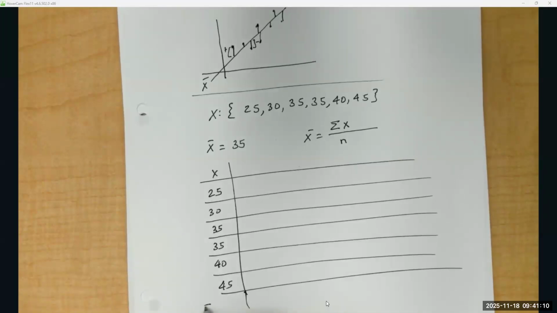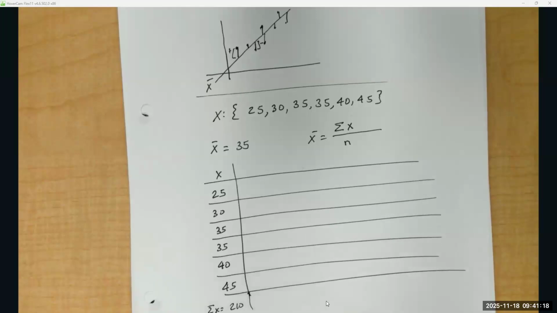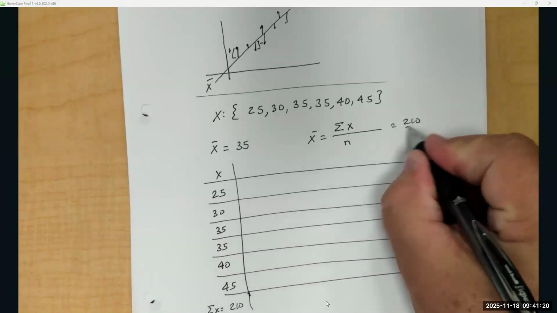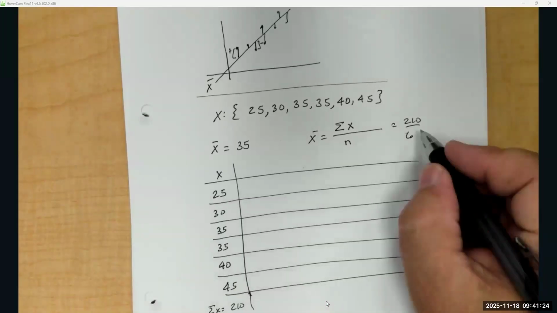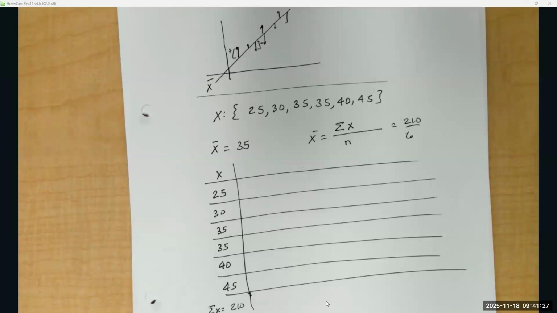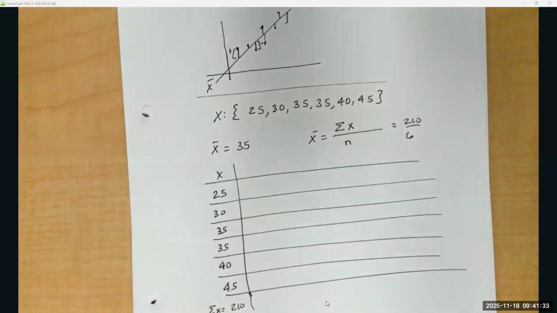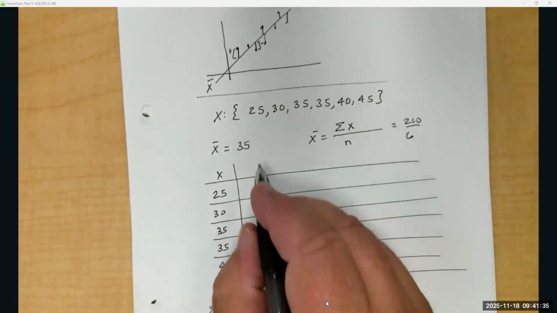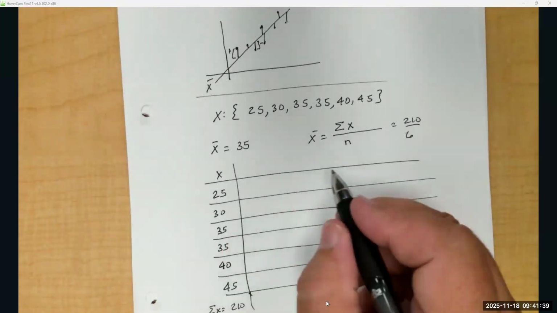So if we add up all of our data, what do we get? It's 210 divided by 6, which is how many data points we have. That equals 35. And that's the same thing with the other sample. What we have to figure out now is this.